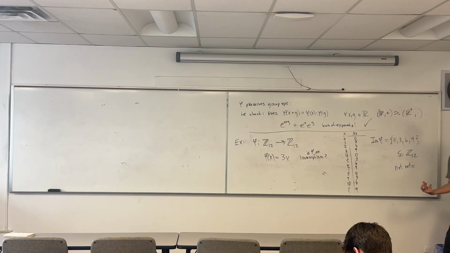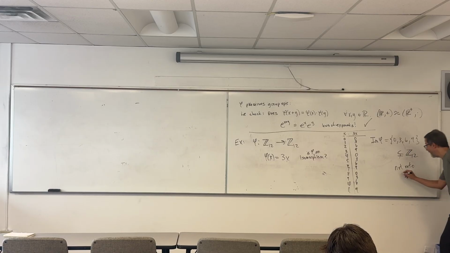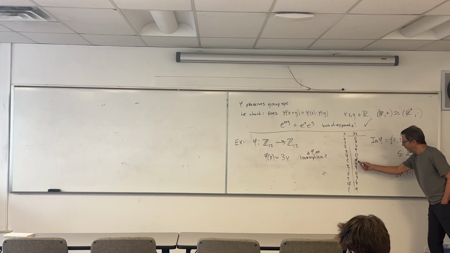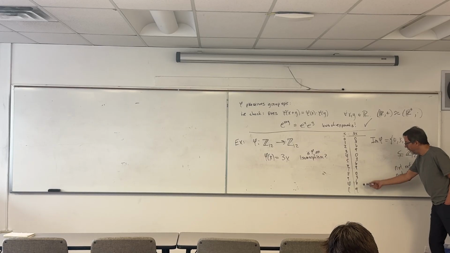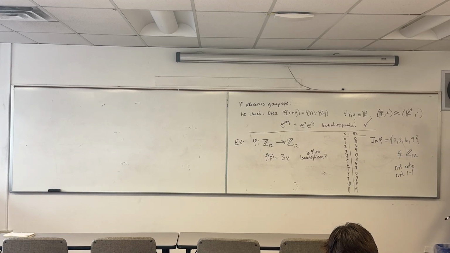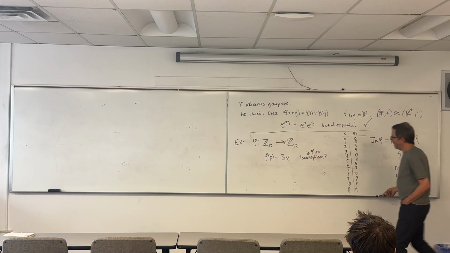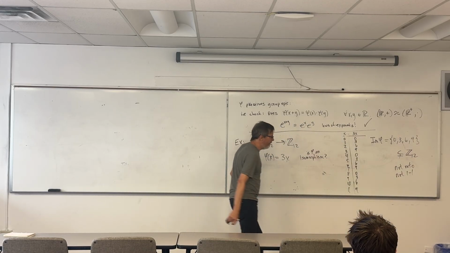It's not one-to-one, because look how many different things go to 0. Three different things go to 0. And when you have a map on a finite set, one-to-one and onto become the same. You can't have a finite set and be one-to-one but not onto, but that's a whole other discussion.